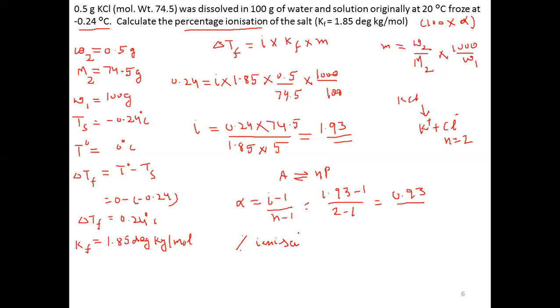That means how much percentage of molecules are ionized. It is 100 into alpha. So it is 0.93 into 100, something like 93%. So the answer is 93%. So it was a very easy numerical.